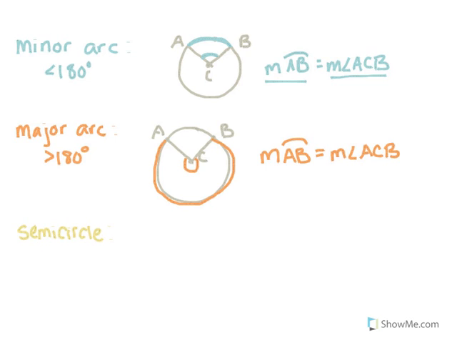And then, of course, the last one, the semicircle, is when we're exactly equal to 180 degrees. This is typically what makes up a diameter. So again, in my circle, I'll name the center C, but we are going to have A and B be on the exact opposite sides and go right through the center. So this would be exactly 180 degrees.